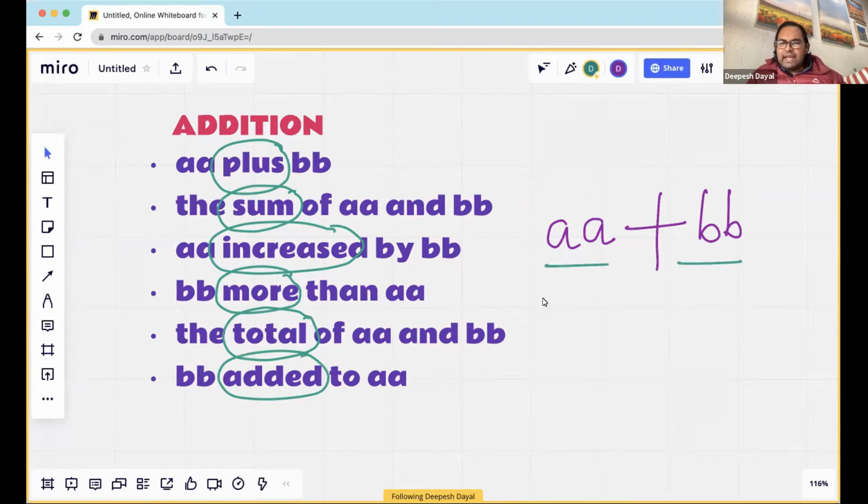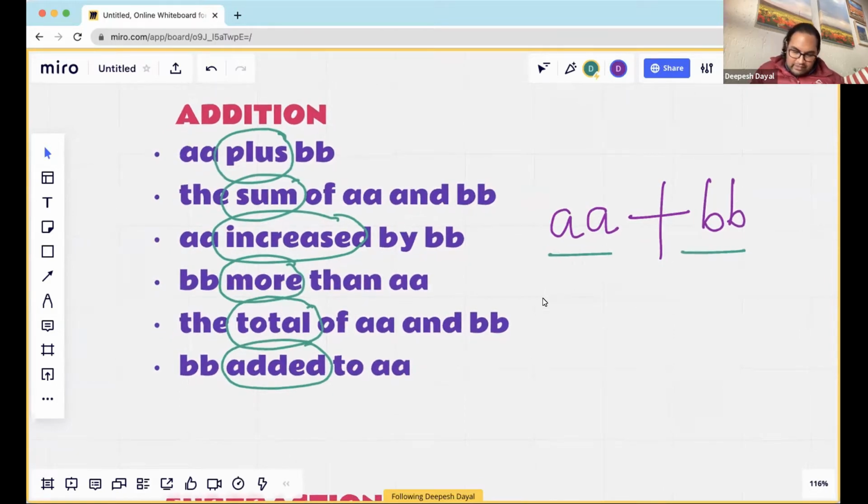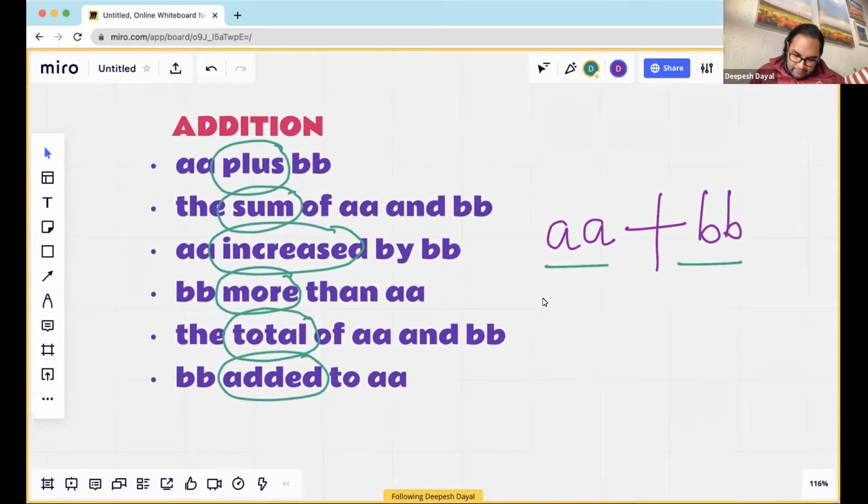If I give you another example here, I'm going to write it down here. The sum of 3 and A. How would you write that as an algebraic expression?